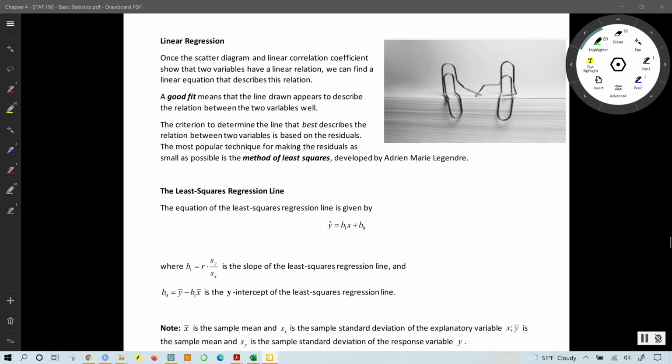When we want to consider the relationship between two numeric variables, we usually start out by drawing a scatter plot. If the scatter plot shows that there is a pattern or some meaningful signal about the relation or association between the two numeric variables, then we proceed to compute the linear correlation coefficient.